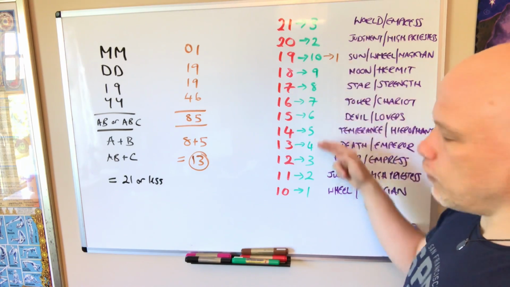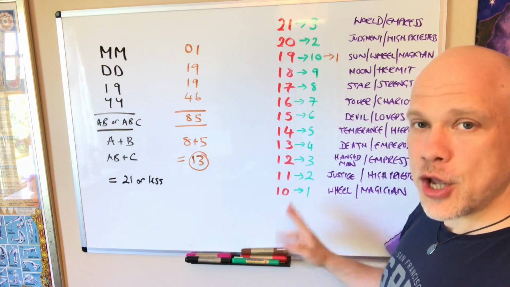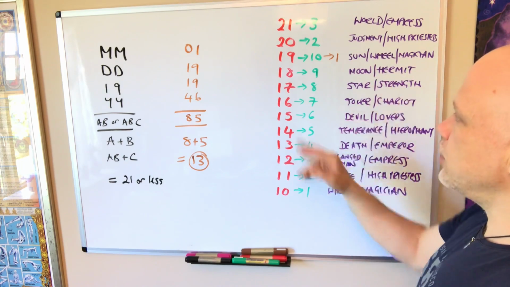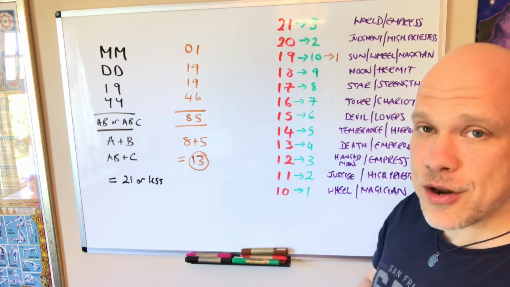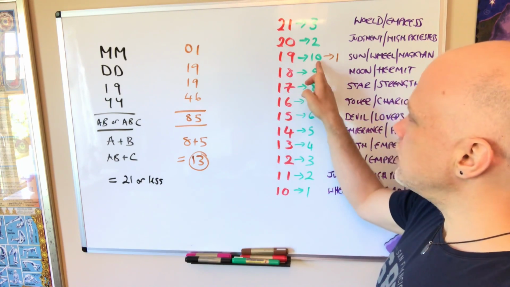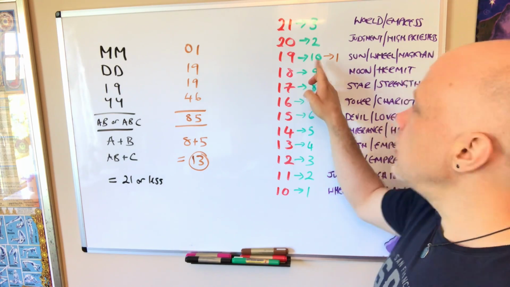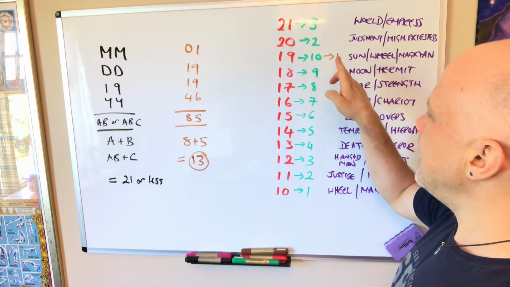For most of the results that you get, once you get to number 21 or less, you will get a pair straight away. So you'll get 21 going to 3, and that's World Empress, 20 going to 2, that's Judgment High Priestess. If you get 19 though as your result, as you know from the previous method, that reduces to 10. 9 plus 1 is 10, but 10 can reduce further. 0 plus 1 is 1.